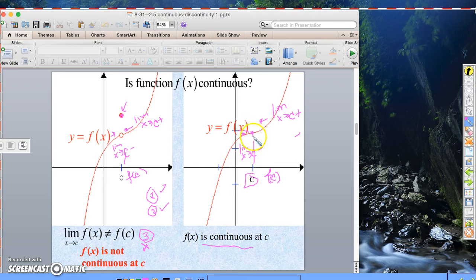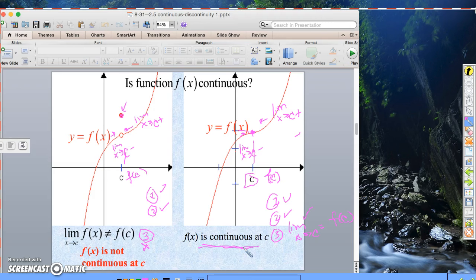There's no other point except that point right there, so it's also the limit itself. So condition 1 is met, condition 2 is met, and for condition 3, the limit as x approaches C is equal to f of C as well. So condition 3 is also met. And this is considered a continuous function at C.